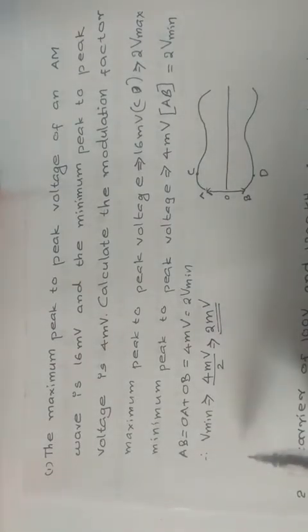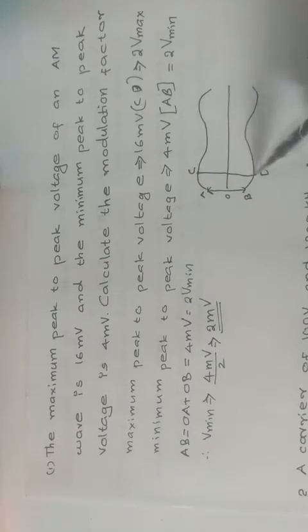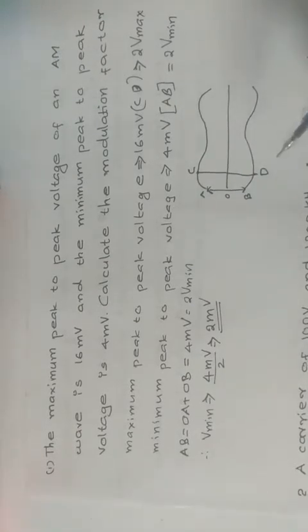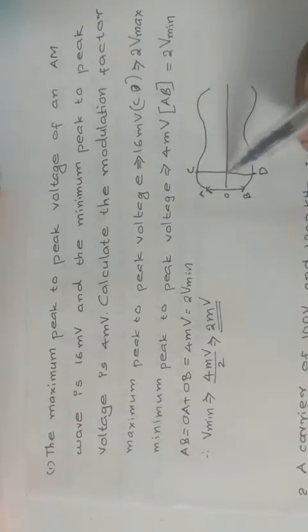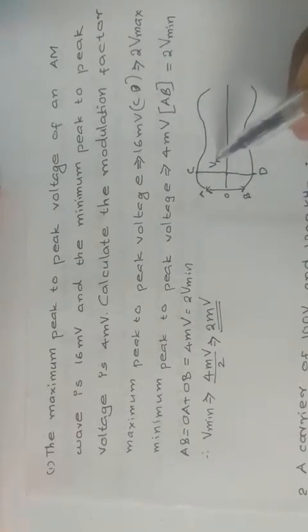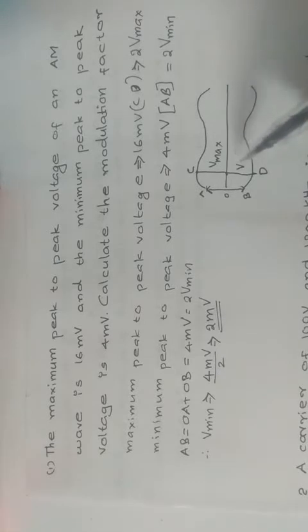Similarly, CD represents the maximum peak-to-peak voltage, which is equal to 16 millivolt, equal to 2 Vmax.